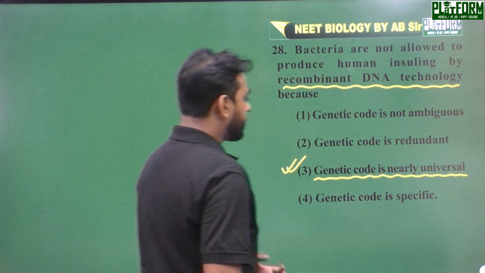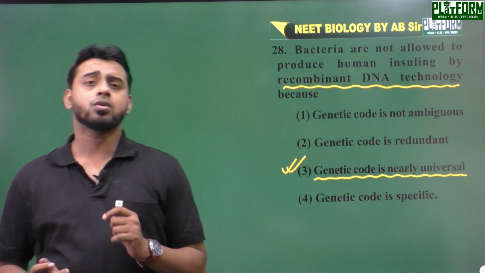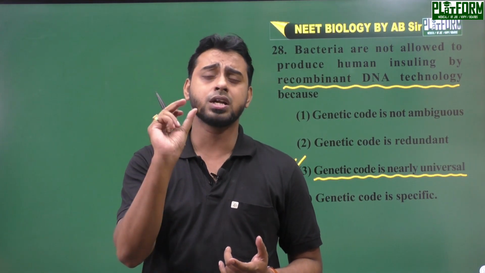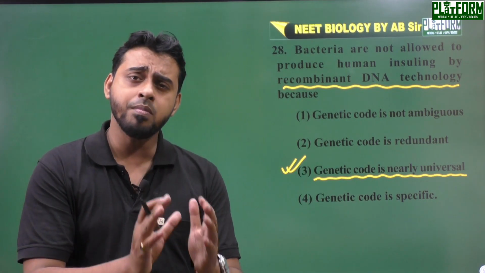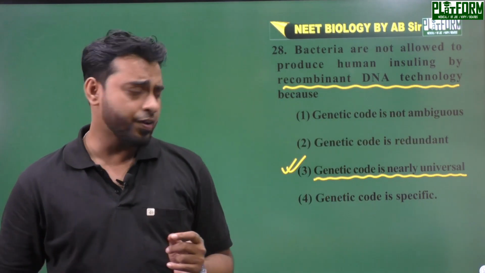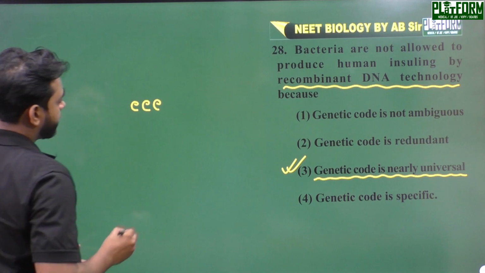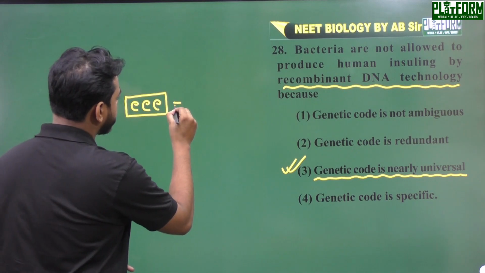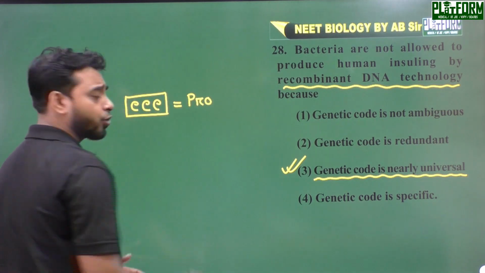What do you mean by the universal nature of the genetic code? The universal nature of the genetic code means a particular genetic code, or you can say a particular codon, is responsible for coding the same amino acid in all the members of organisms. That means if I am talking about CCC, we know that this particular codon is responsible for coding the amino acid proline.